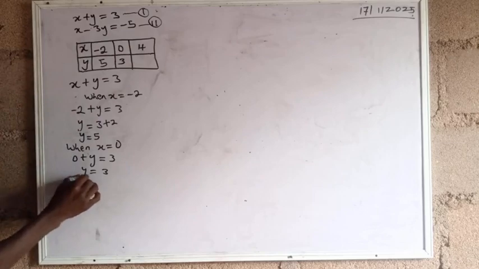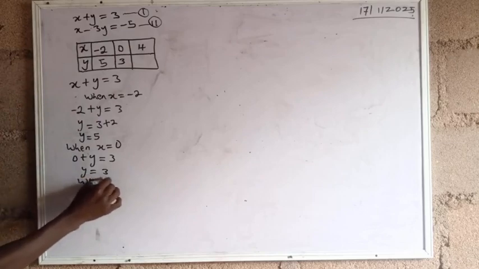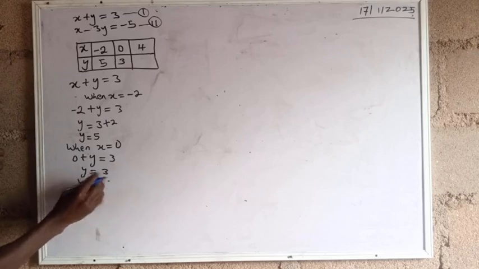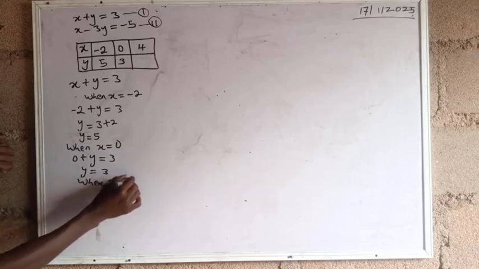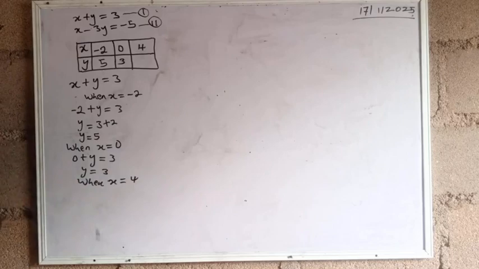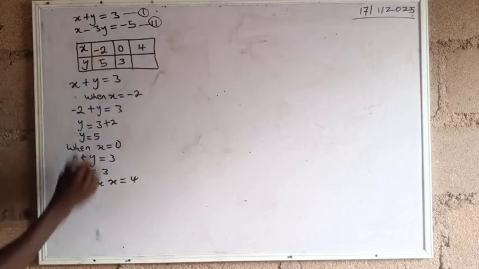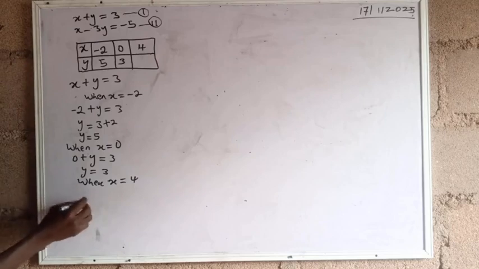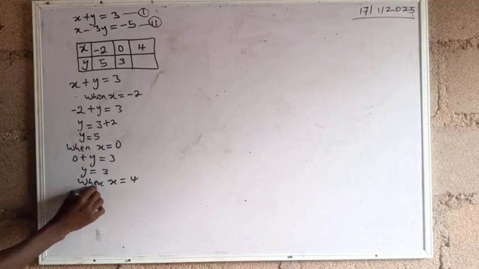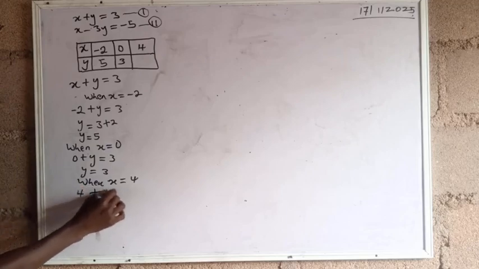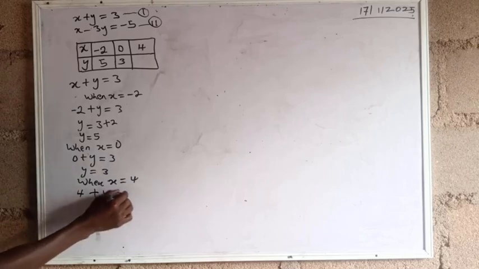Then when x is equal to 4, we substitute the value of 4 in the equation. We have 4 plus y is equal to 3.